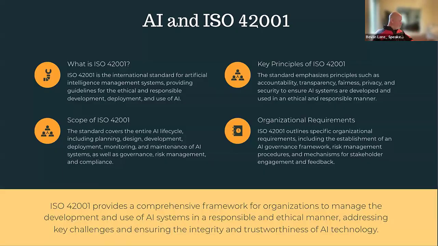Here's a bit more in terms of the standard. It's an international standard for artificial intelligence. Key principles, there's some nice words there: accountability, transparency, fairness, privacy, and security. So privacy and security is coming up in 42001. They've brought the two together quite fundamentally. They are very closely tied together.